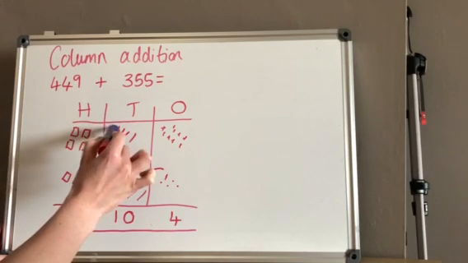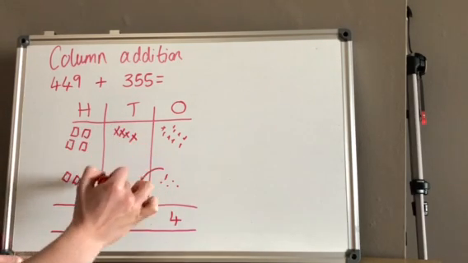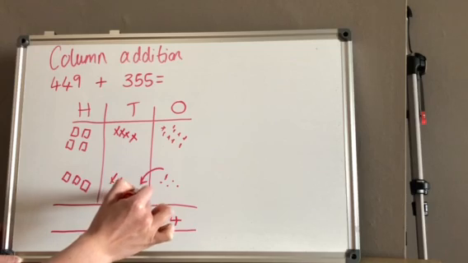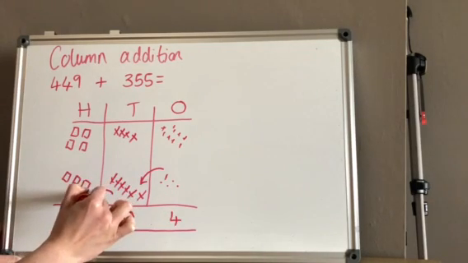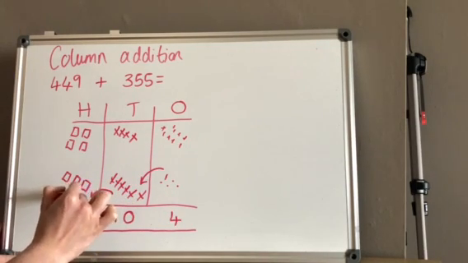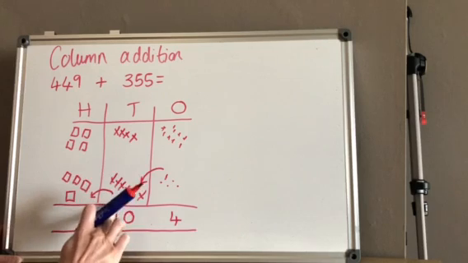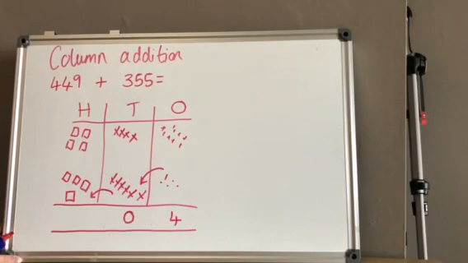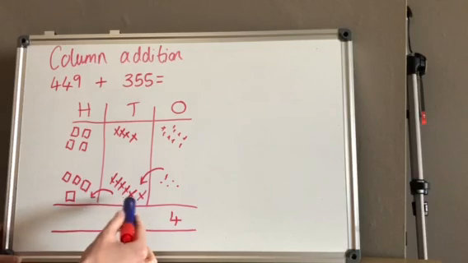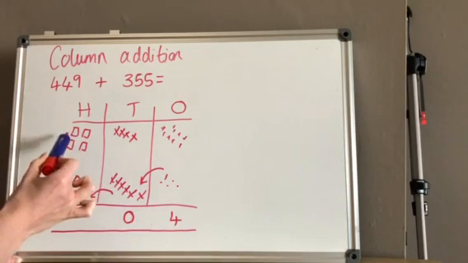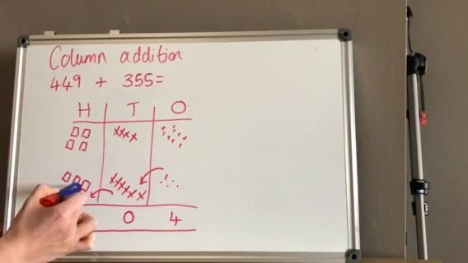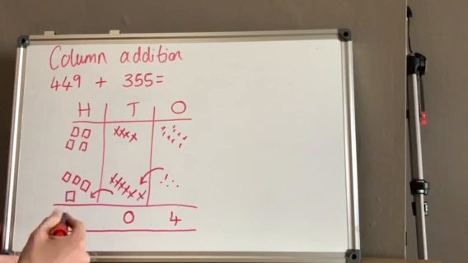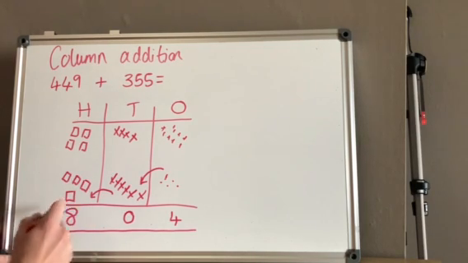So we would take 10 of these, 1, 2, 3, 4, 5, 6, 7, 8, 9, 10, and we would turn those into 100. Now we're actually left with no tens in that column anymore because we've done that. That's absolutely fine. And then in the hundreds column, we've got 1, 2, 3, 4, 5, 6, 7, plus the extra one, which would make 8.